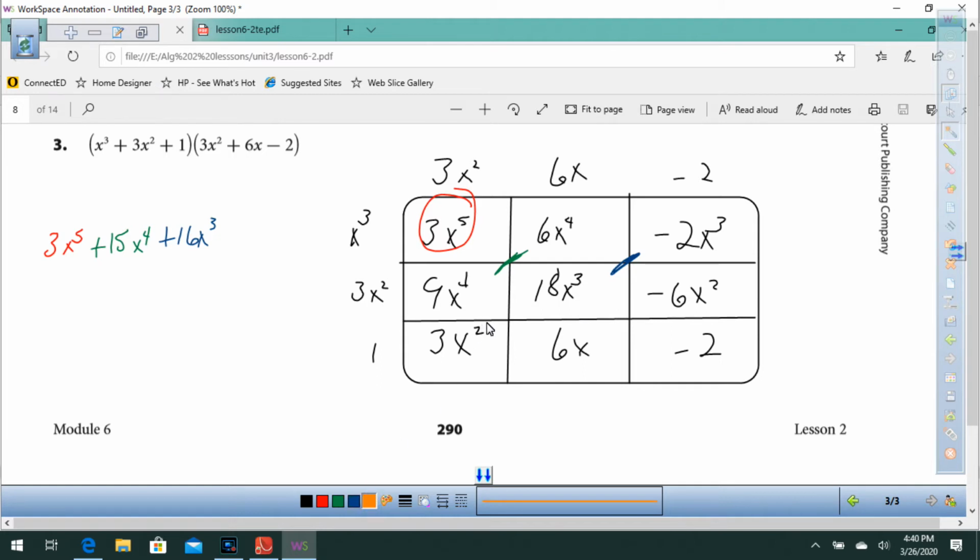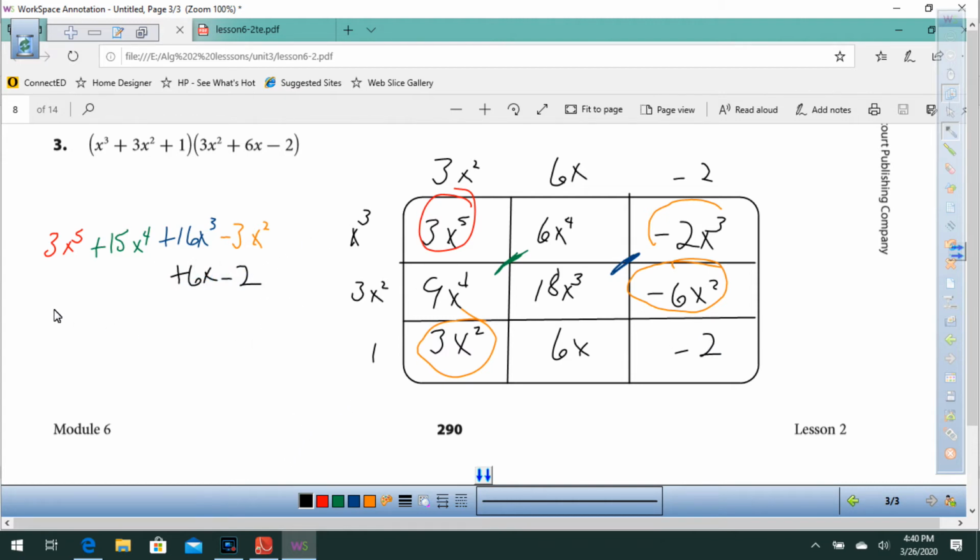And we have 3x squared and negative 6x squared. So those two there, 3 minus 6 would be minus 3x squared. And we have just plus 6x and minus 2.